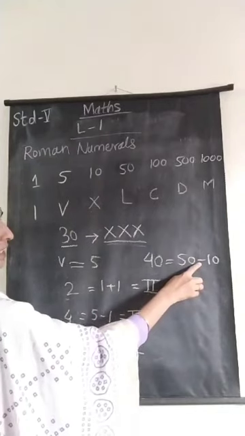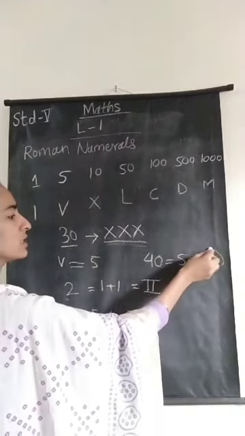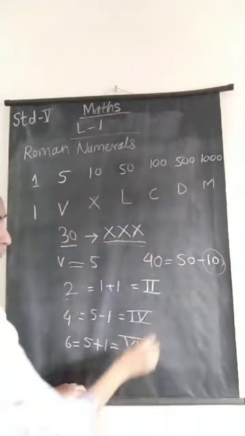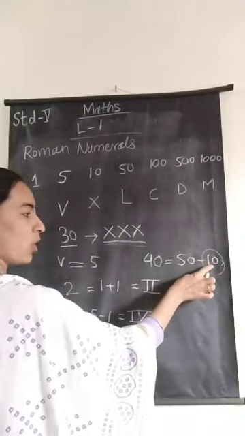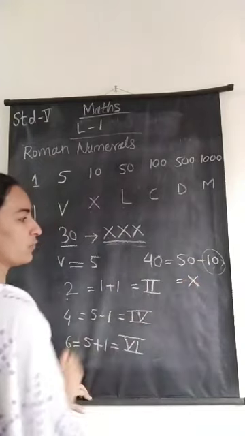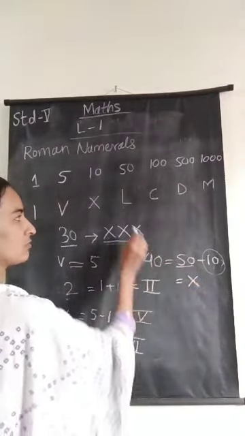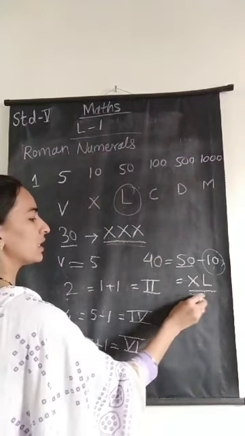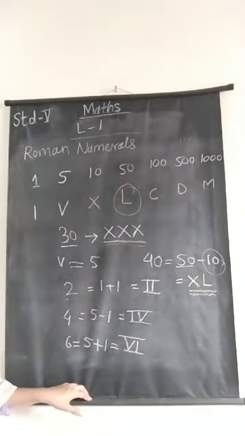When we are subtracting, the symbol of the second number will come first, and the next is L. So 40 is written like this, XL.